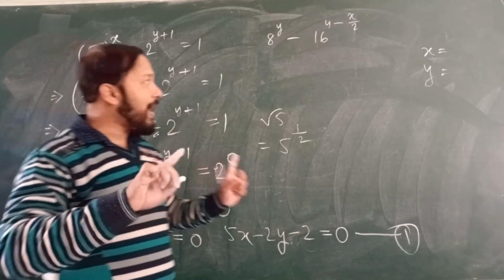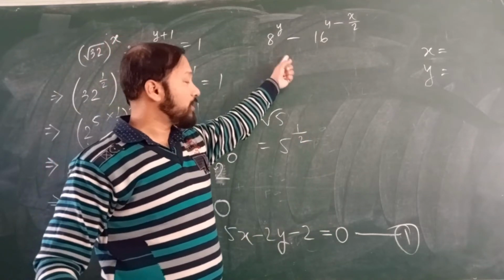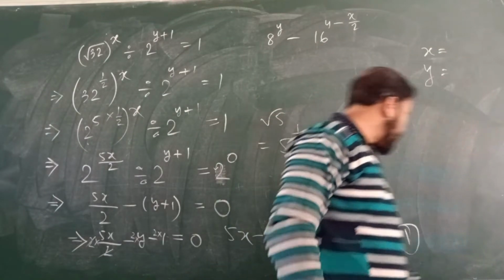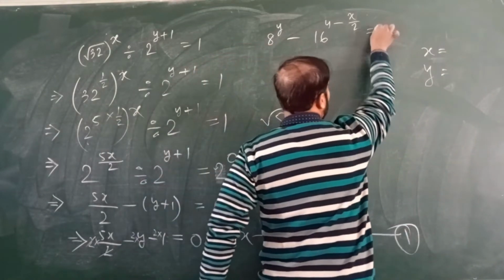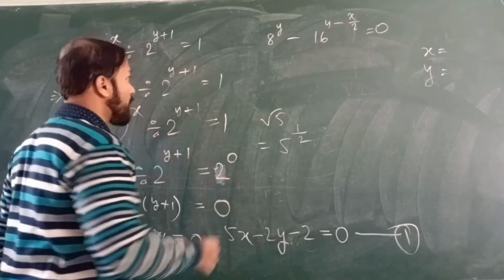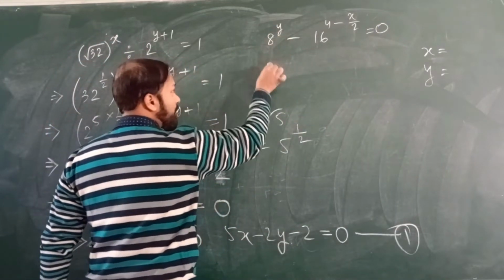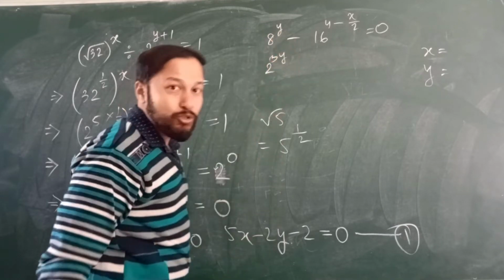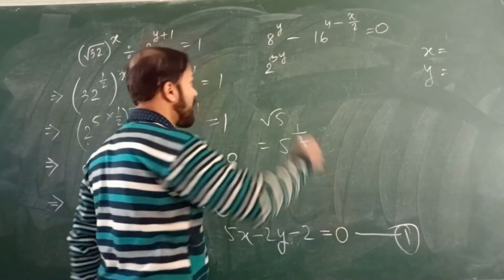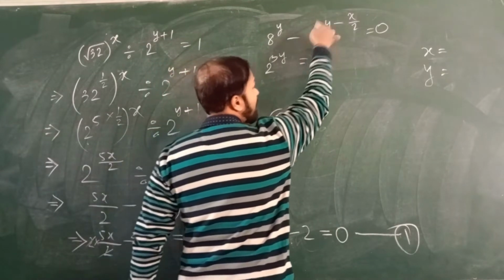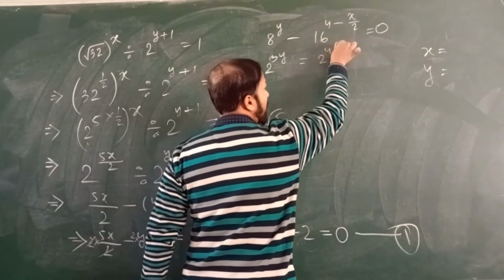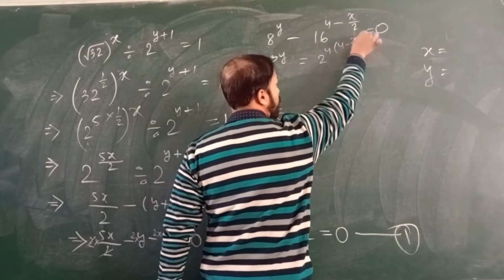We have to take out another equation from this one. See this one. 8 means 2 to the power 3, so 2 to the power 3y, equal to, I am taking this that side, 16 means 2 to the power 4, then 4 minus x by 2. Understood?